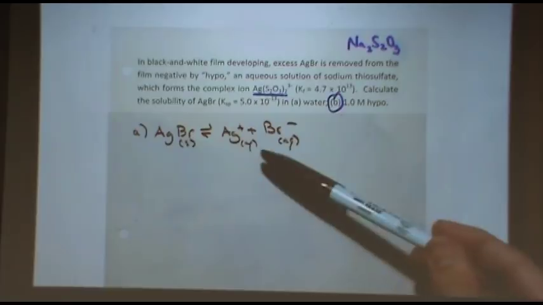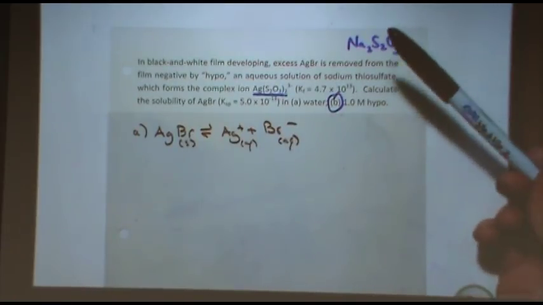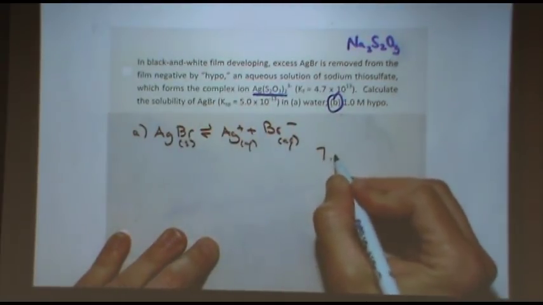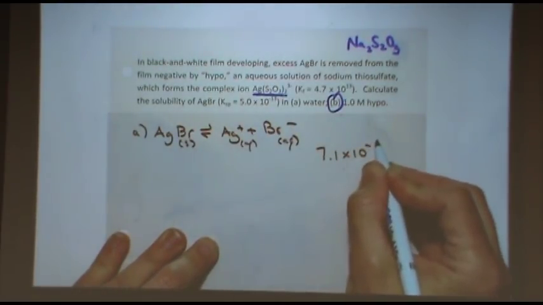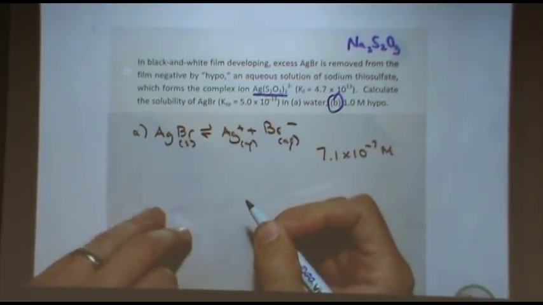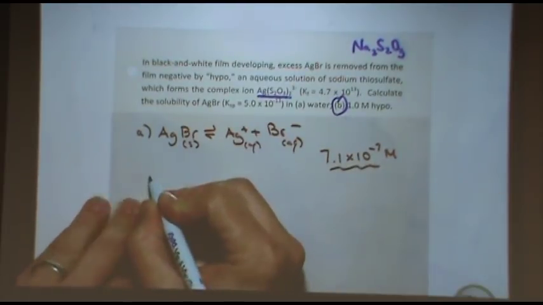Fill out the ice table 0, 0, plus x, etc. The Ksp is given right here. You're going to end up taking the square root of it. That one, if you want to try, I got 7.1 times 10 to the minus something molar. Yeah, that looks about right. Okay, so that should be the answer for part A.